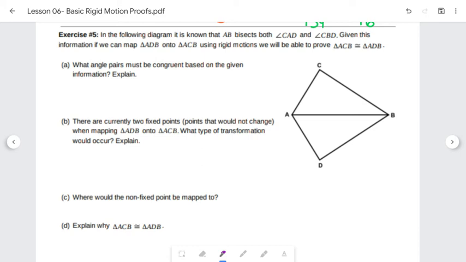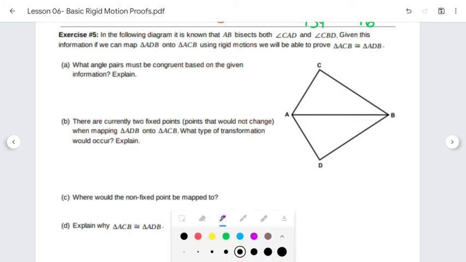Given this information, we can map triangle ADB onto triangle ACB using rigid motions. And when we do that, we'll be able to prove that the triangles are congruent. Because remember, rigid motions prove our congruency as long as our original shape can be mapped onto the image. So if we can use rigid motions to show that, it's enough to show the triangles would be congruent.